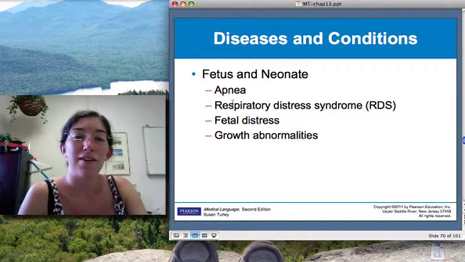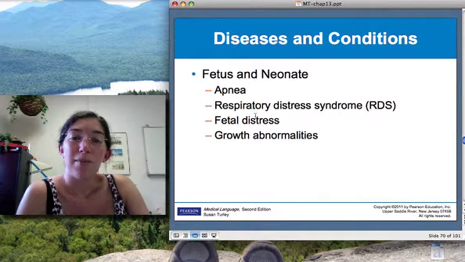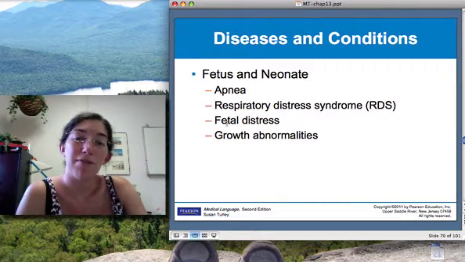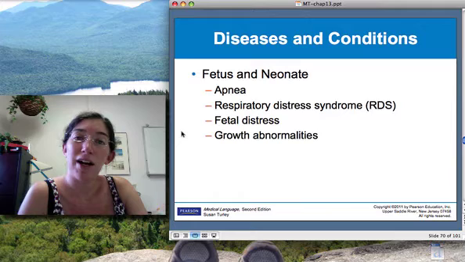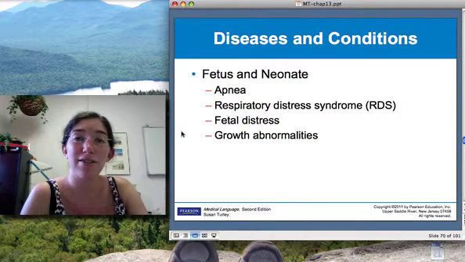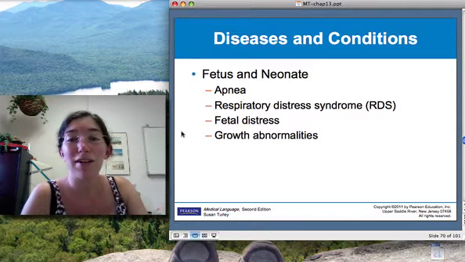We talked about this a little bit in the chapter on the respiratory system, particularly if they're not producing enough surfactant. Fetal distress, this is during labor: the heart rate drops, or the fetus is under stress due to blood pressure changes in the mother, etc.